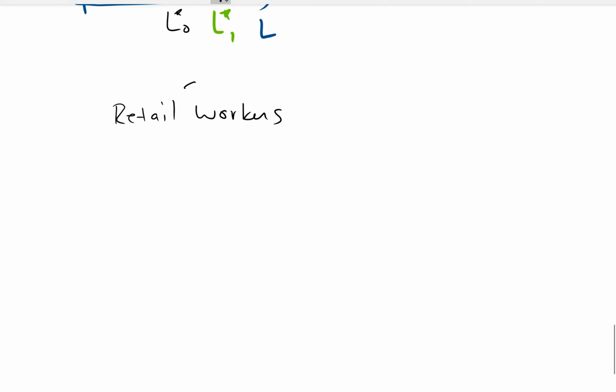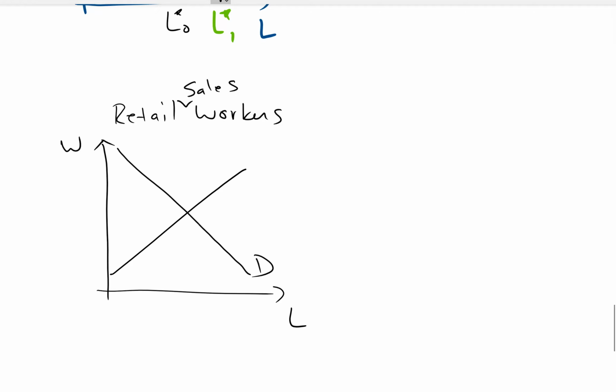Now we're going to look at one on the supply side. Let's make our labor market retail workers, people who work in retail sales. We start off with some wage and some labor, with our demand and our supply.